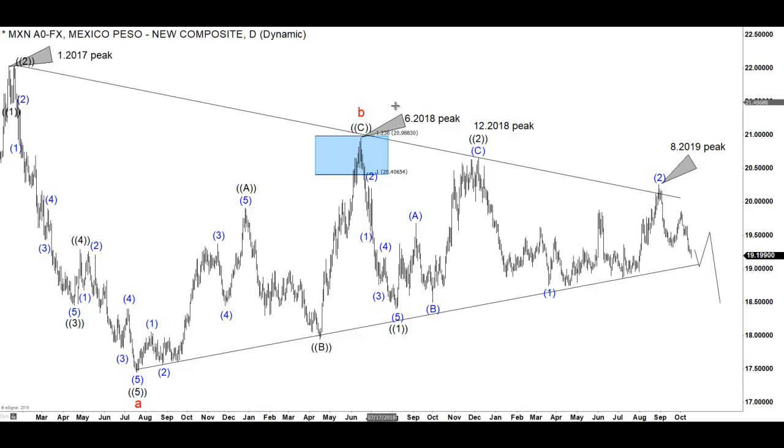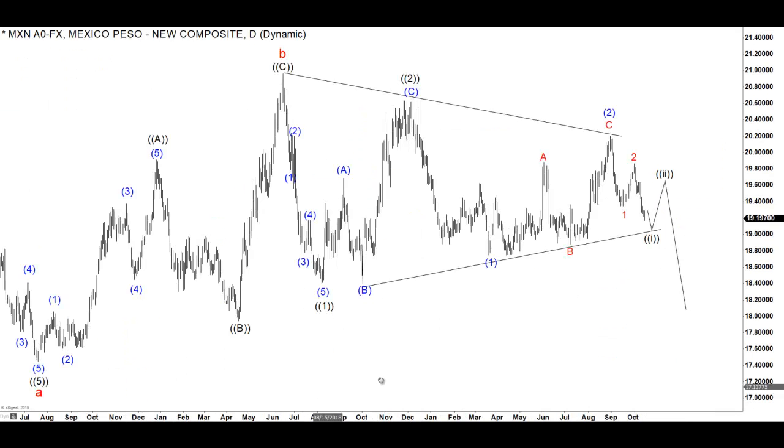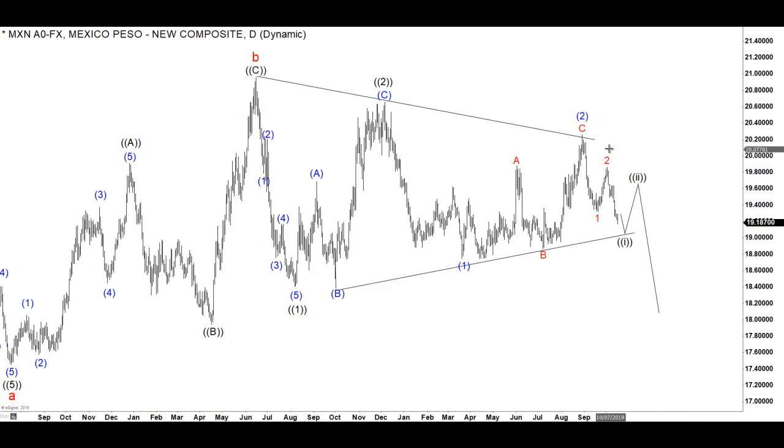Next is this: 1 in black, 2 in black, 1 in blue, 2 in blue. Now from here, which is the August peak, moving down the charts a little bit, we can call again 1 2 1 2.